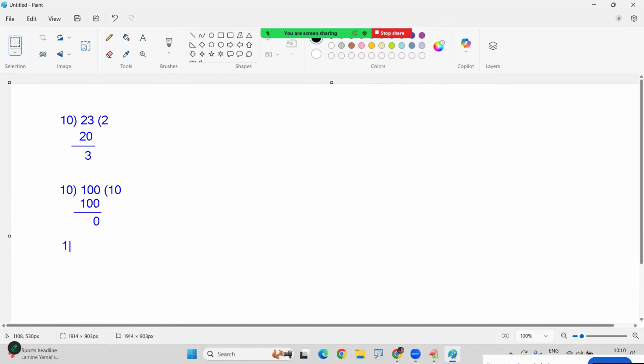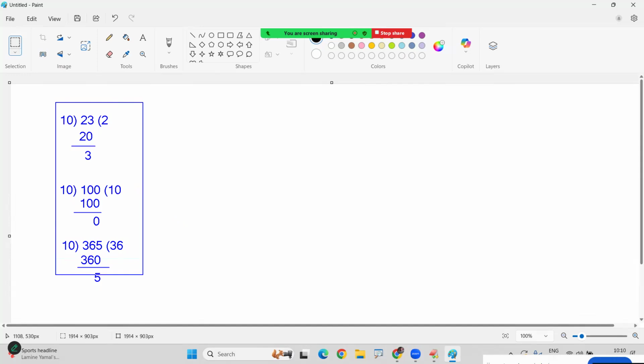Next one is 365, I am dividing by 10. 36 times 10 is 360, and the remainder is 5. Look at this.